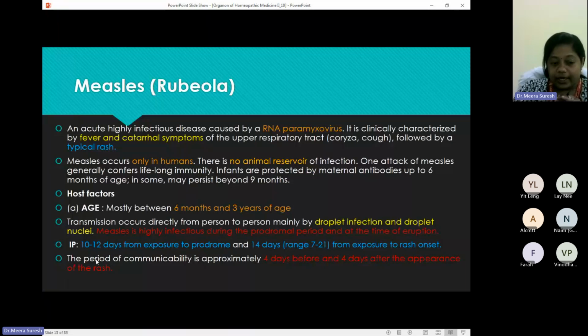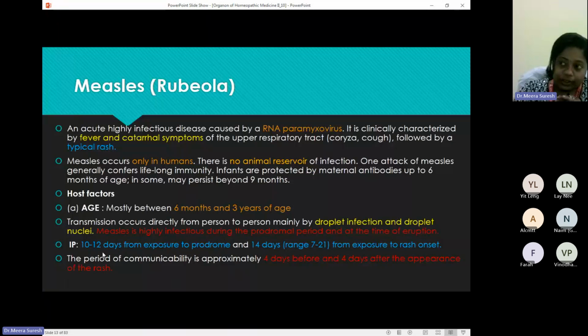Incubation period is 10 to 12 days from exposure to the prodromal stage, and 14 days from exposure to rash. You need to remember these days in case of these diseases in OM3, as I told you.